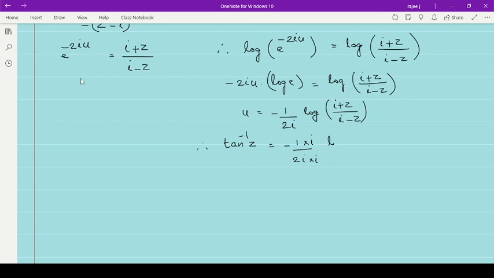So log of I plus z upon I minus z. Now I into I is I square, which is minus 1. That minus 1 and this minus 1 becomes plus. So it is I divided by 2 log of I plus z upon I minus z.